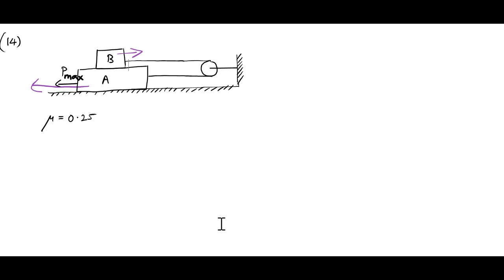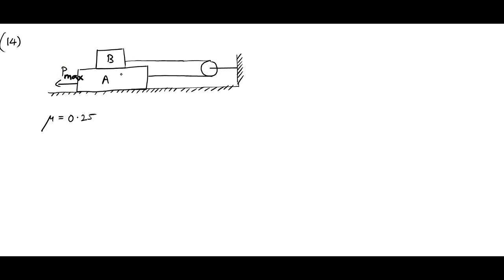Motion will not occur. It's a limiting case of static equilibrium. So as long as you continue applying this same force P max, the maximum force for static equilibrium, it reduces to a problem of static equilibrium, and in particular limiting static equilibrium.